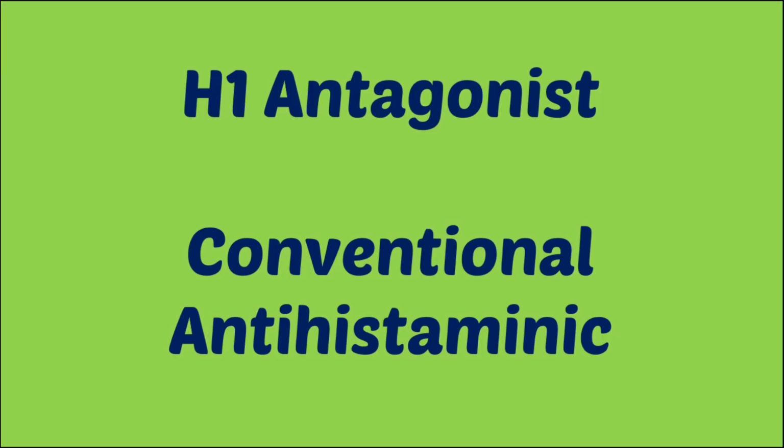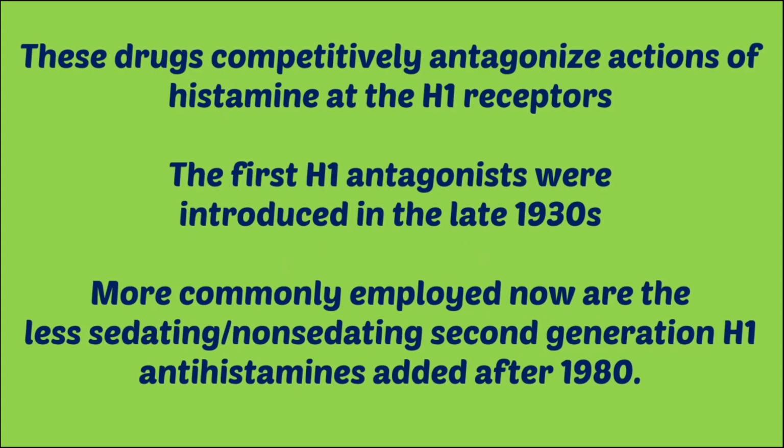So let's see how these H1 antagonists are acting and what their role is. These drugs competitively antagonize the action of histamine at the H1 receptor. The first H1 antagonists were introduced in the late 1930s. More commonly employed now are the less sedating or non-sedating second generation H1 antihistaminics, added after the 1980s.